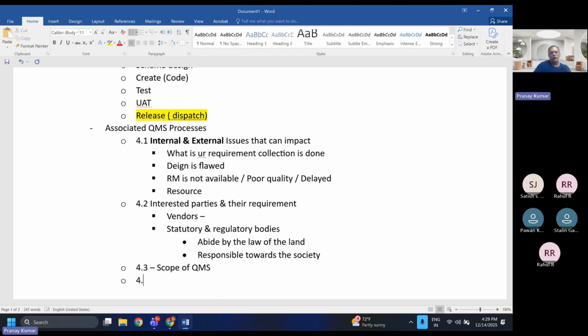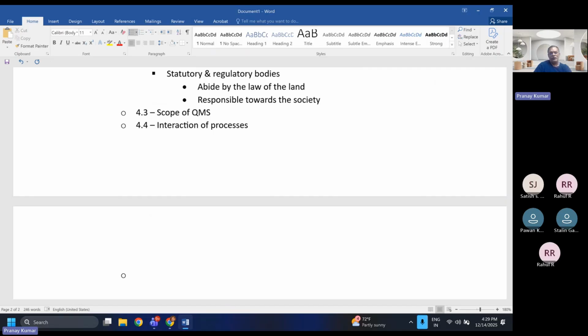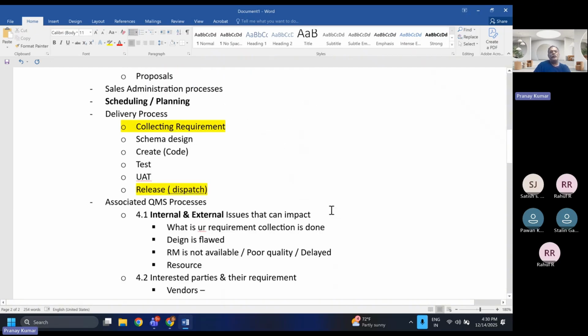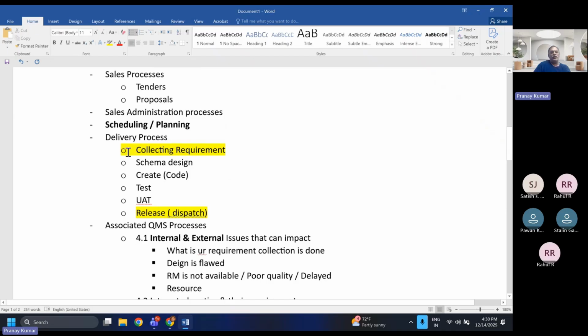You have a 4.4, which is talking about interaction of processes. You have a clause 5, which is talking about leadership and commitment. You need a quality policy, etc. So we are essentially looking at you ensuring that this life cycle, the one that I have marked in yellow right now, this life cycle is audited.